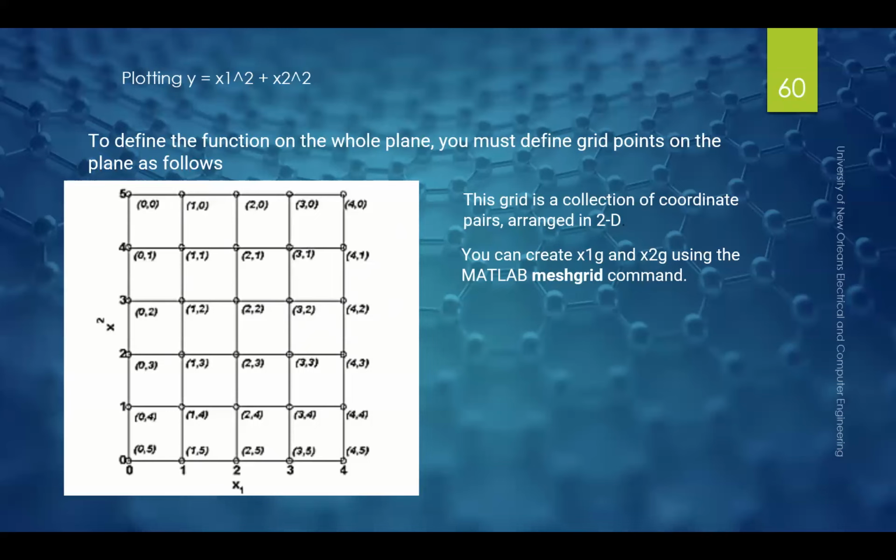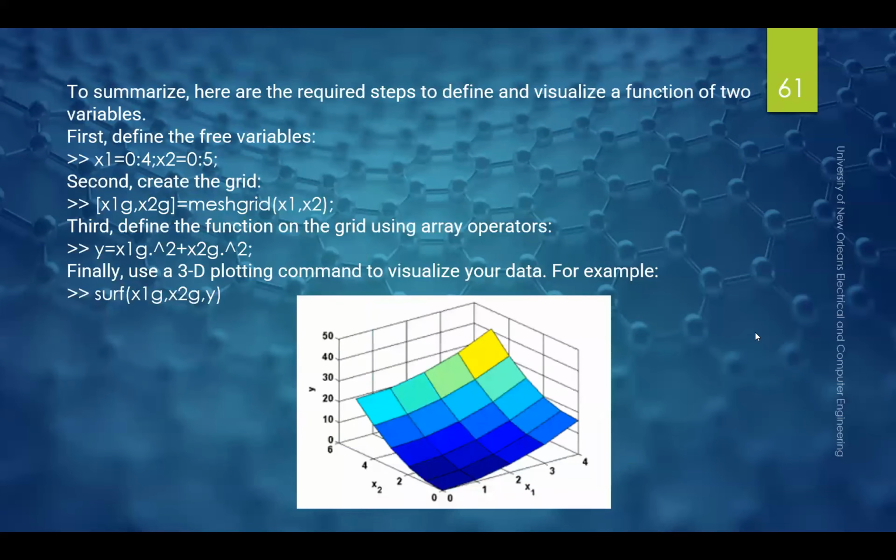So, going back here, we can summarize what you need when you use these three-dimensional plots. First, define the free variables, right? Like in this case, x1 going from 0 to 4 and x2 from 0 to 5. The second thing is to create the grid, so that's where the meshgrid command comes in. Then, using the meshgrid output, we use those variables to define the grid that the function uses. And finally, you just plot it.